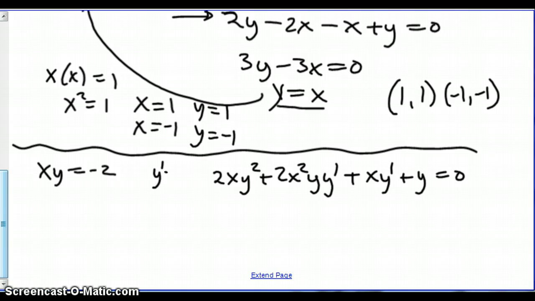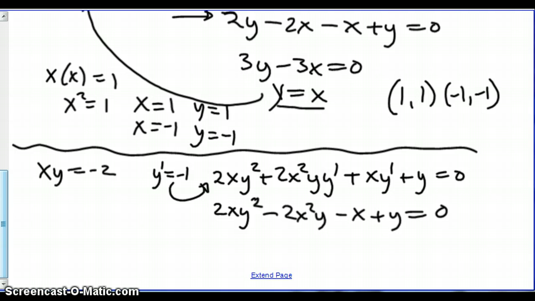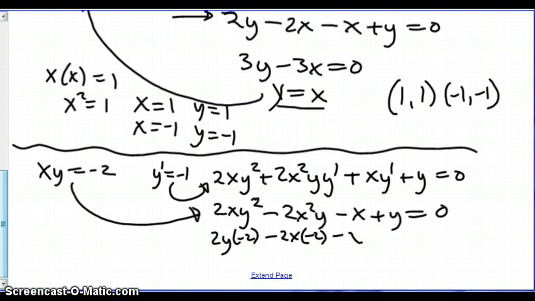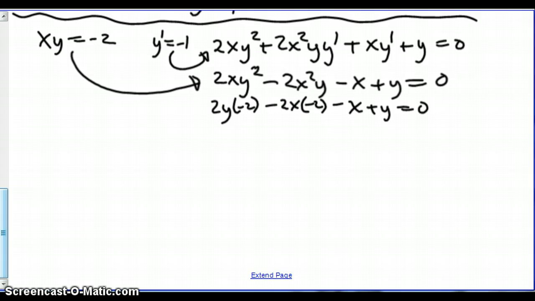So keep in mind y prime should equal -1, so I'm going to put that in here first, just like we did before. 2xy squared minus 2x squared y minus x plus y. Nothing new so far. Here's where I'm going to make my substitution for xy, just like I did before. So I have a 2y times -2 minus a 2x times -2 minus x plus y equals 0. Simplifying a little bit, -4y plus 4x minus x plus y equals 0.